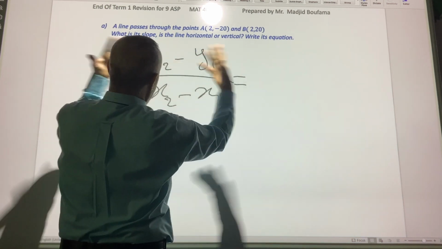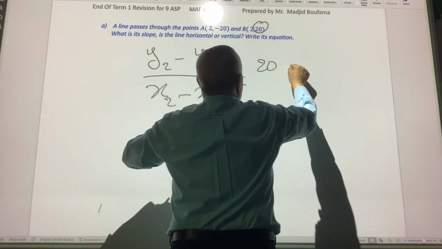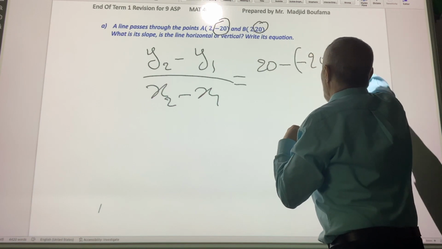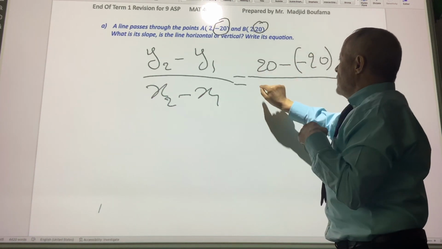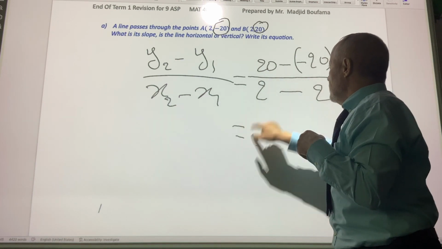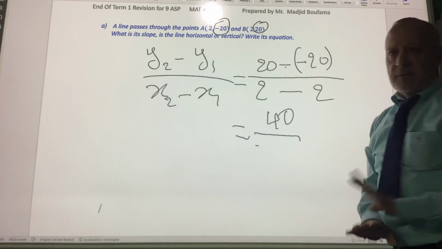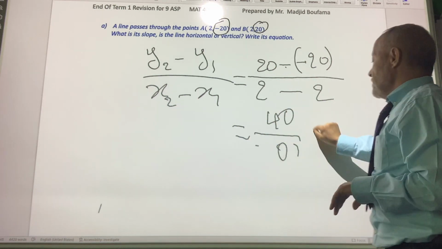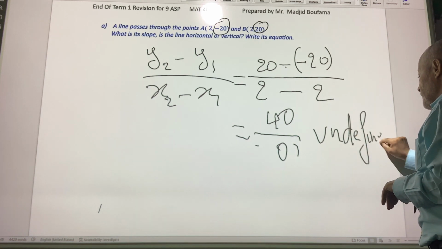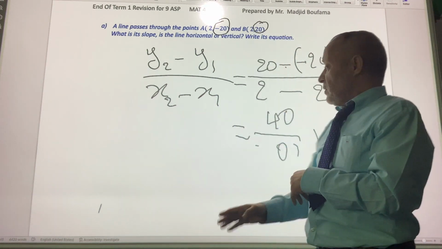So y2 is 20 minus y1 is negative 20, with the bracket, over x2 is 2 minus 2. So you get 20 plus 20, 40, over 0, undefined. Can you see? You get undefined if you didn't approach it using the drawing.